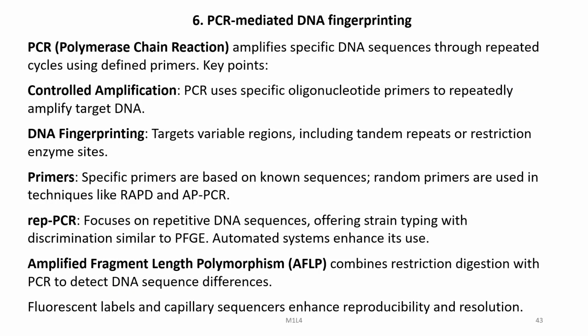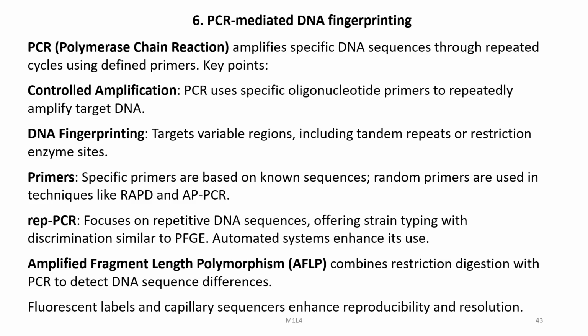The sixth most important technique is PCR mediated DNA fingerprinting. PCR, or polymerase chain reaction, amplifies specific DNA sequences through repeated cycles using defined primers. Some of the important points in PCR mediated DNA fingerprinting are, number 1, controlled amplification.